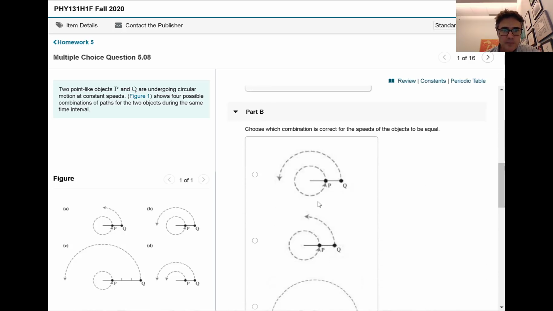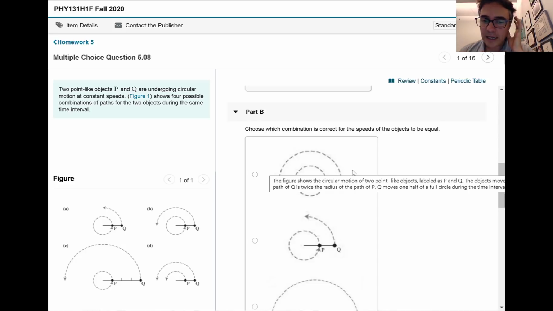Correct. Part B, choose which combination is correct for the speeds of the objects to be equal. It looks like P is half the distance away from the center as Q. The speed of each object is equal to the angular speed, how far it travels in angle, times the radius.